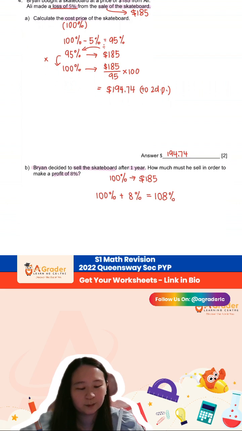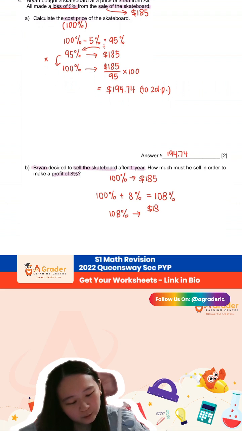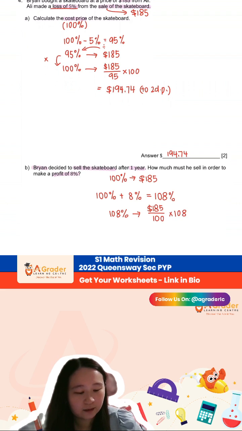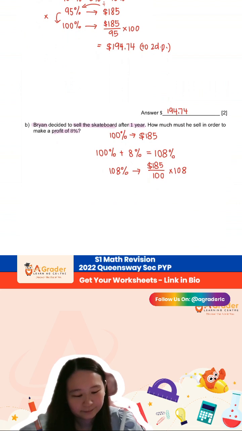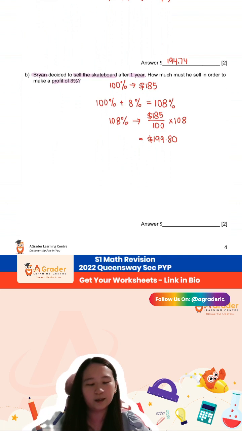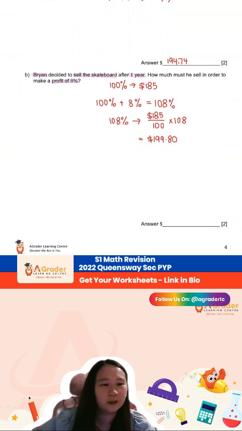This will be his selling price. So same thing. We take $185 divided by 100 times 108. So he needs to sell the skateboard at $199.80 in order to make a profit of 8%.